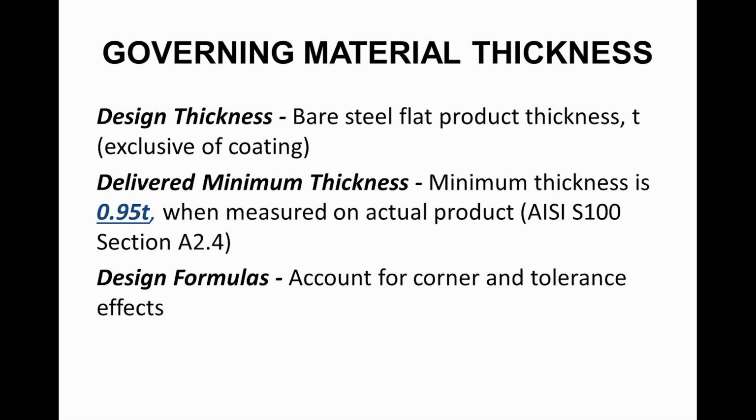So we don't have to deal with a variation in thickness just because we've stretched that material a bit in a corner. But the key is keep in mind the difference between design thickness and the delivered minimum thickness, which is this 5% difference that we see here. So no, we're not cheating. Actually, what we're trying to do is quality control our product when we use that 95% T. So that's my tolerance on a thickness.